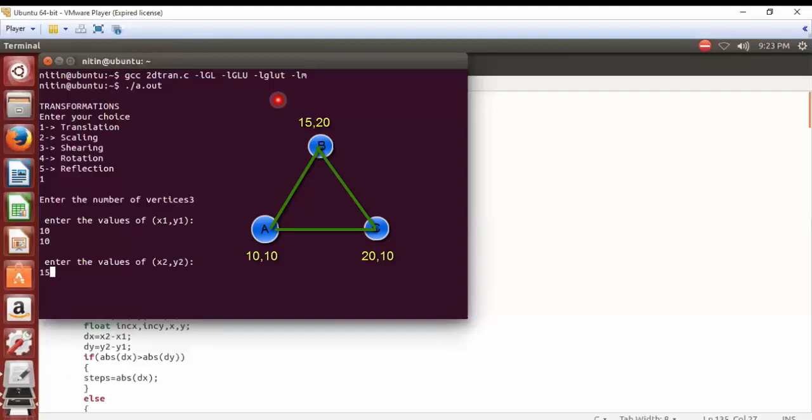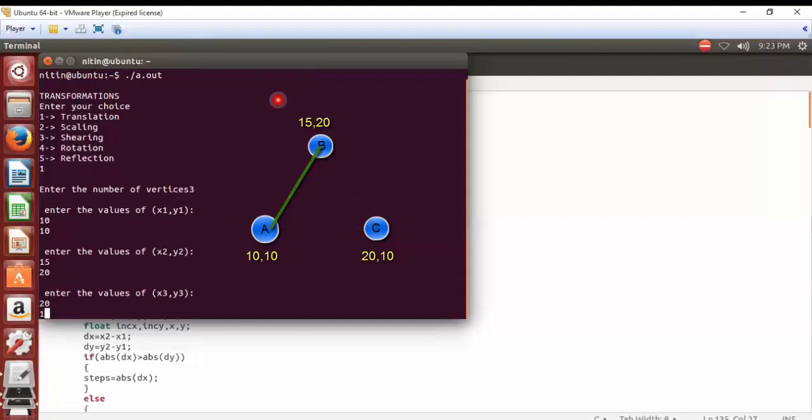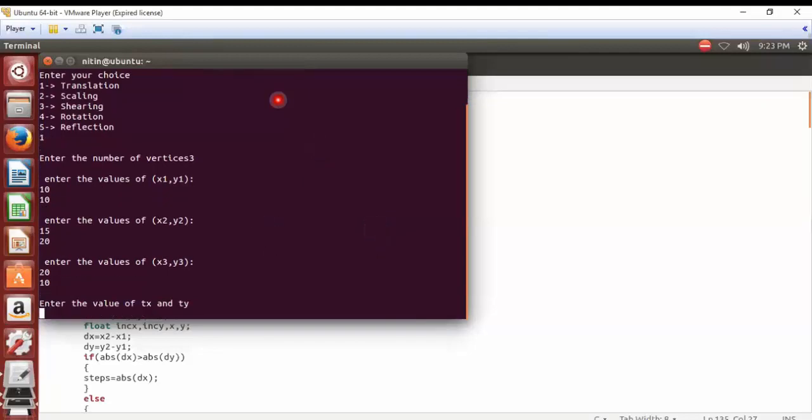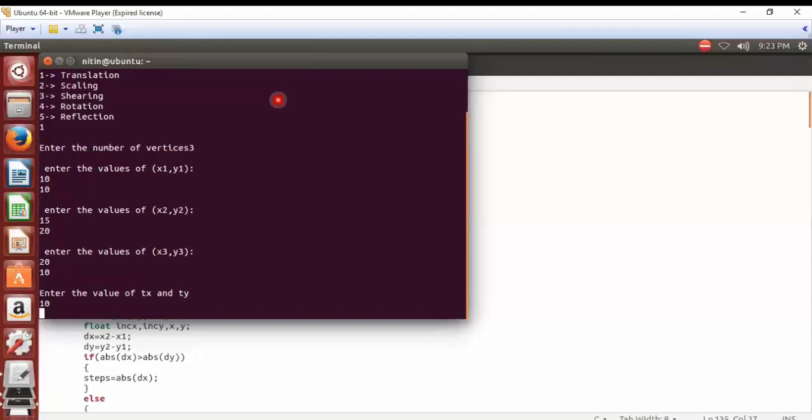Second point 15, 20. Third point 20, 10. The translation factors will be tx equal to 10, and ty equal to 10.